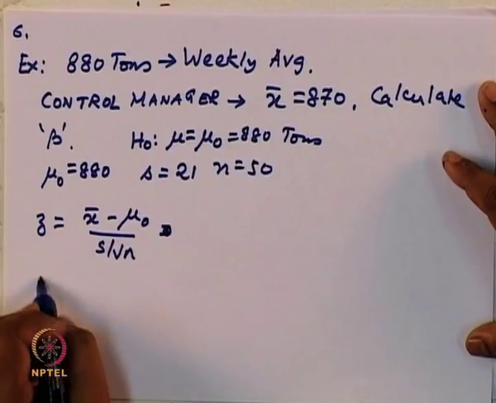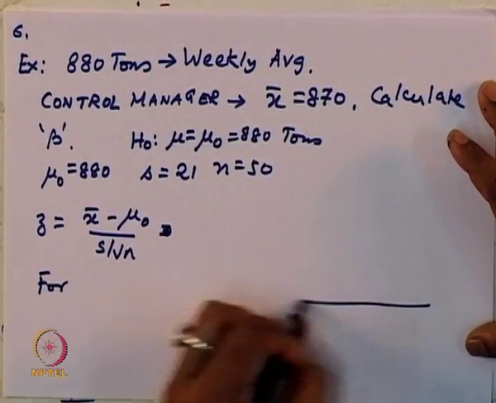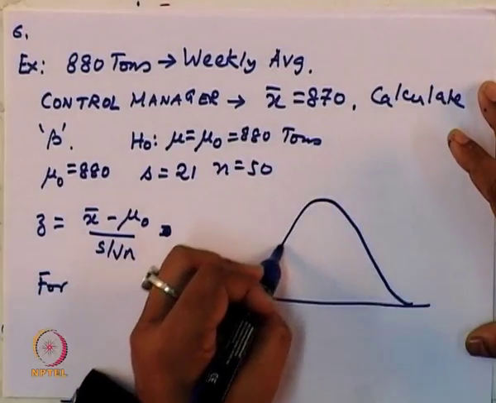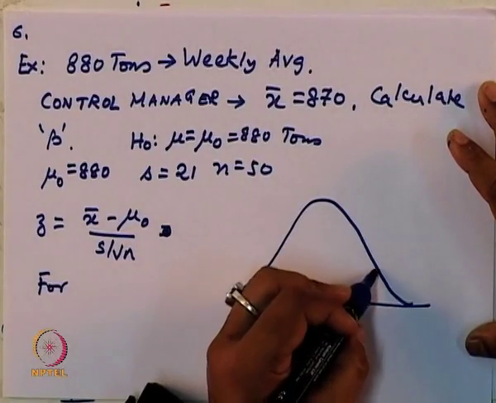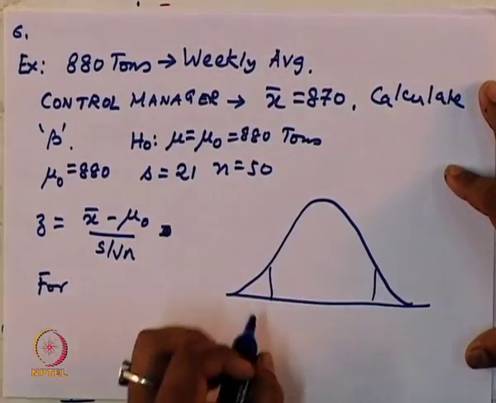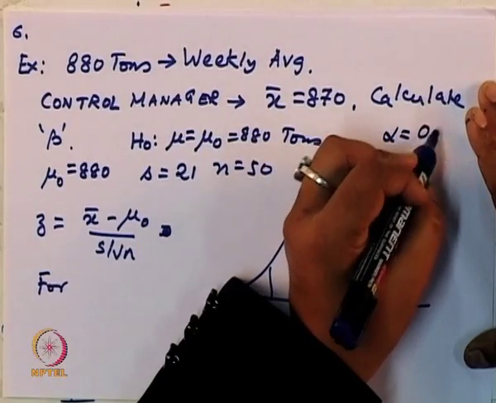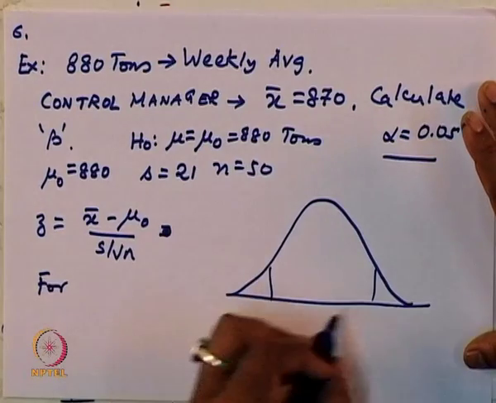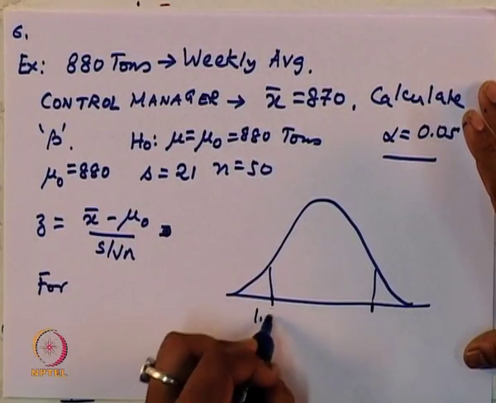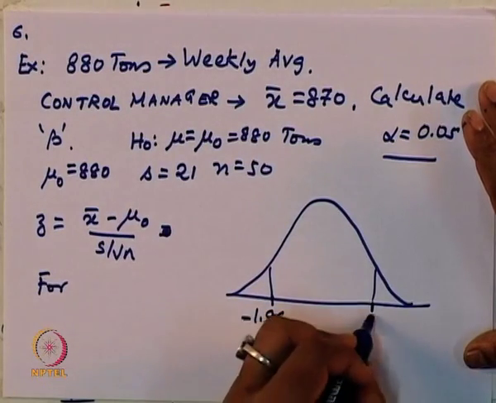Let me draw it again. So, what is your H naught for alpha equal to 0.05? For your two tail test, this value is 1.96.